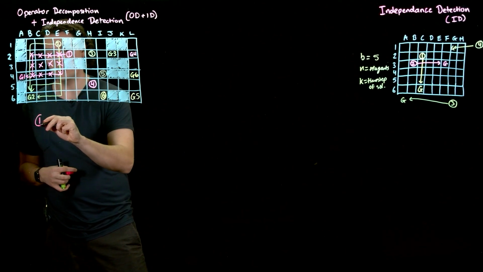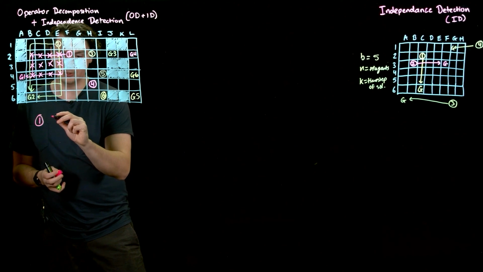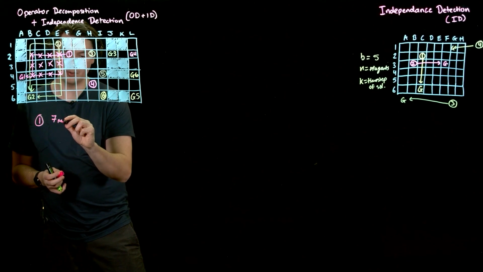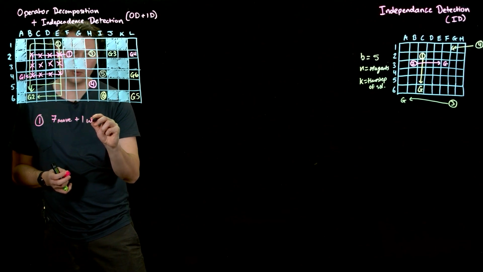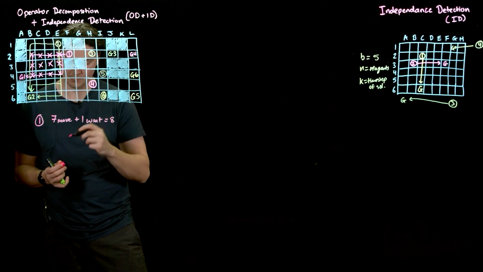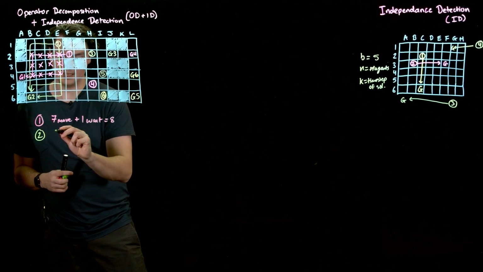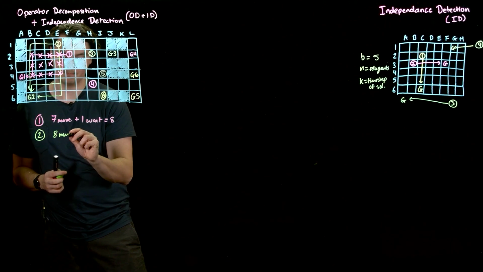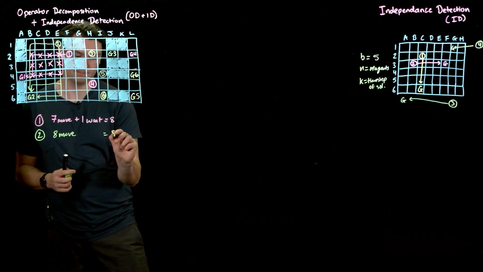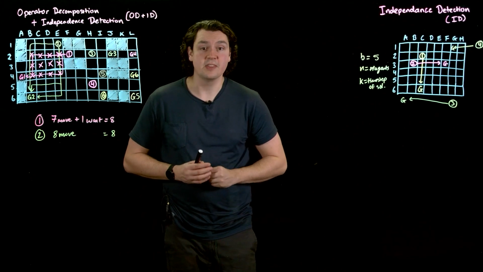So we have agent 1 will do 7 moves plus 1 wait. Okay, and then agent 2 has 8 moves. Okay, so that's that little problem.